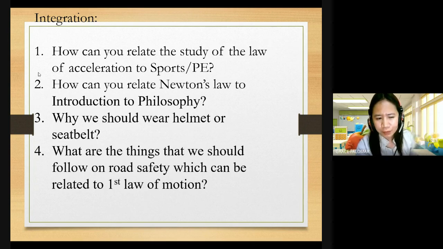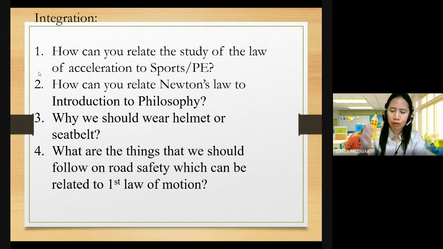And last one, what are the things that we should follow on road safety, which is relevant to our topic, the first law of motion? I'll give you 5 seconds. What do you think? Okay, so it includes using the pedestrian lane while walking.